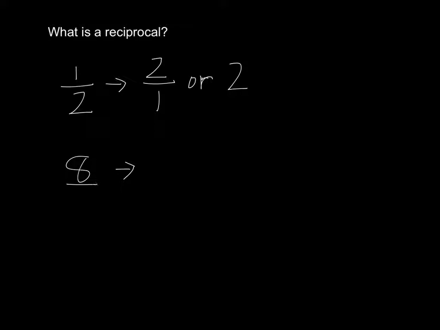Well, 8 is really 8/1, so if I flipped it over, I'd get 1/8 as my reciprocal. So the reciprocal is just flipping the numbers over so that the numerator is now the denominator and the denominator is now the numerator. Not too tricky, so let's keep going.